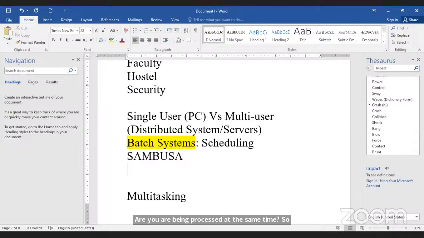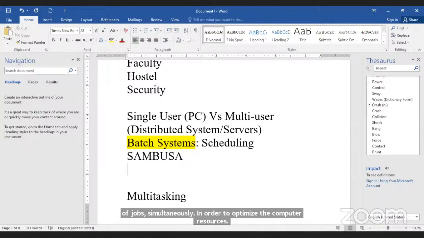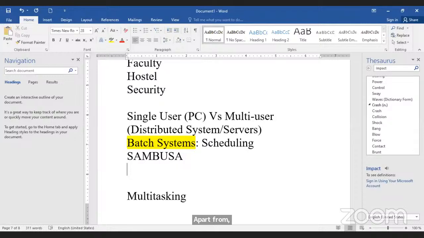So when it comes to batch processing, this is a multi-user system that enables you to perform several batches of jobs. It allows you to process several batches of jobs simultaneously in order to optimize the computer resources. Apart from cook lentils and put aside, cook meat and put aside, roll dough and put aside, we have a system that can process these jobs at the same time in batches. That's why we call it batch processing.